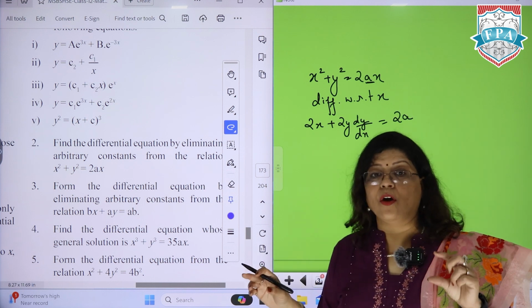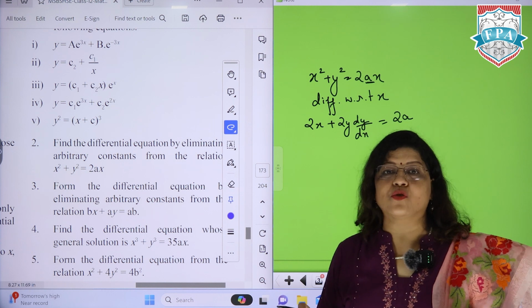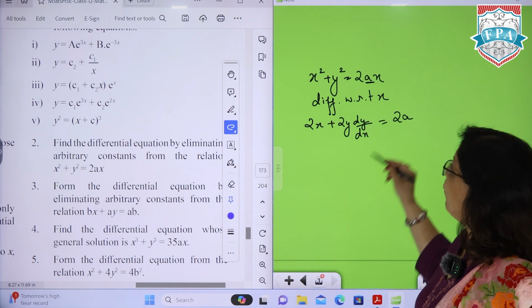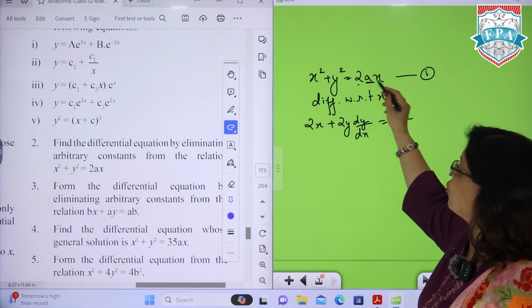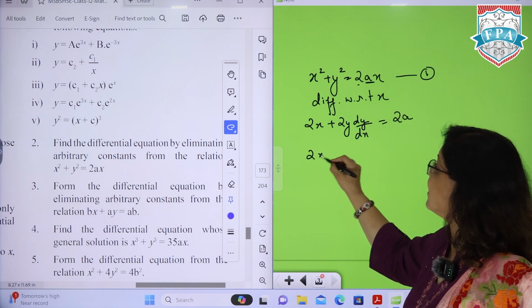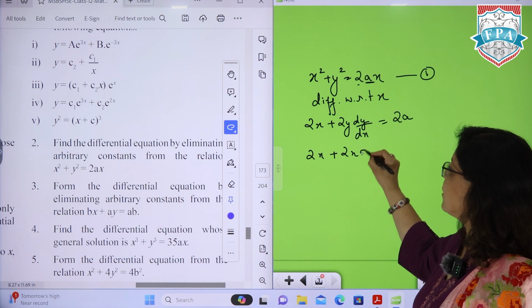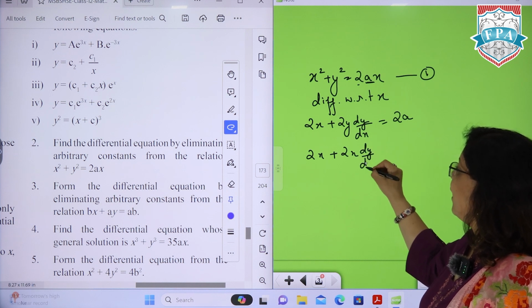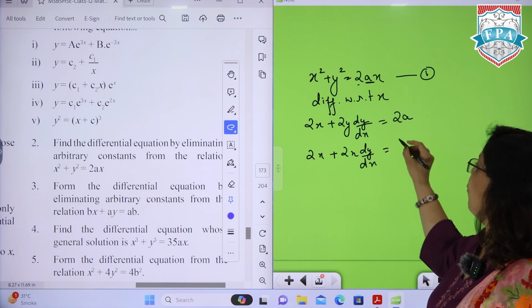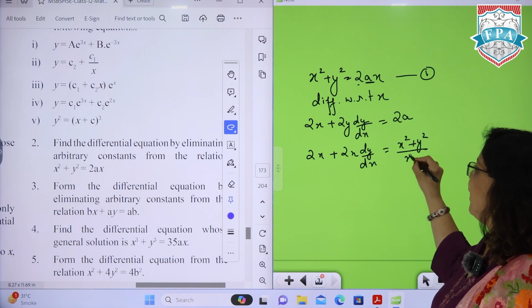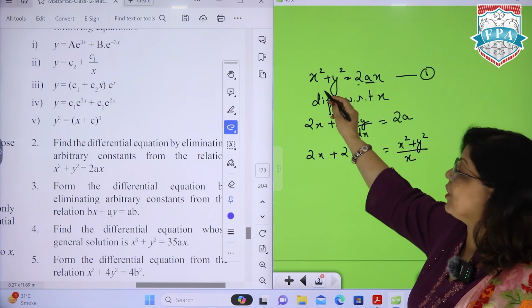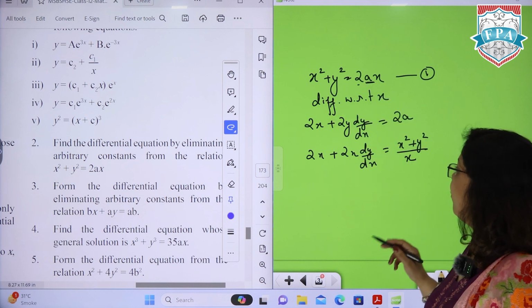Now this a, or you can say this 2a, has to be replaced. How will we replace? We'll use the first equation. In the first equation, 2a can be written as x square plus y square divided by x, just by switching this x over there.